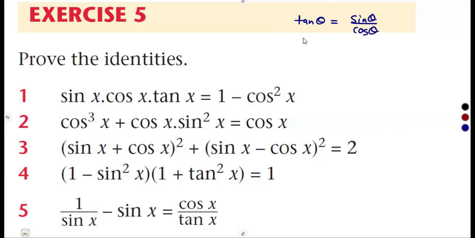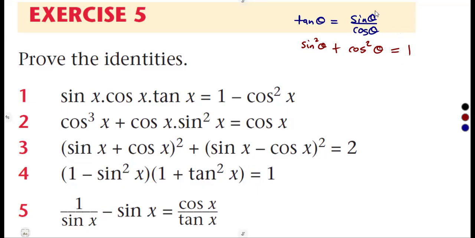If you're using x or theta, it's up to you the way that you present. This is the tan, and also from the Pythagorean identity, the sine squared of theta plus the cos squared of theta is equal to 1.